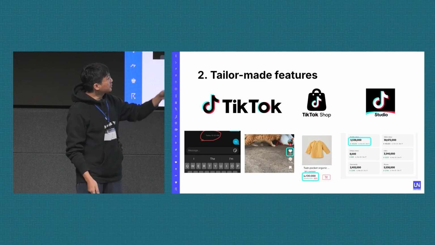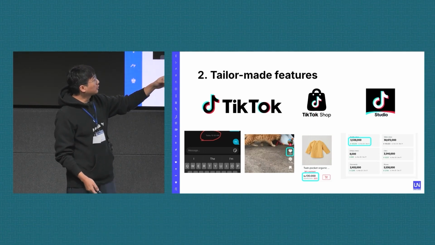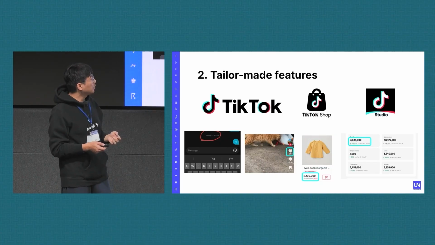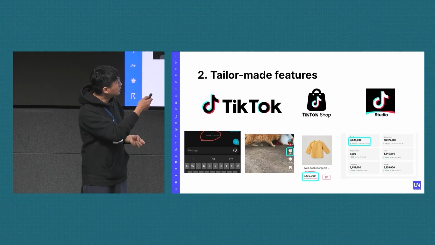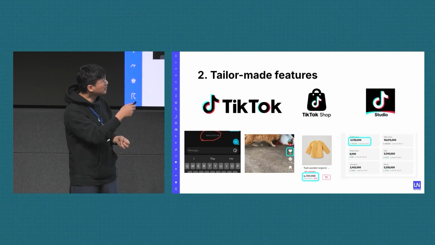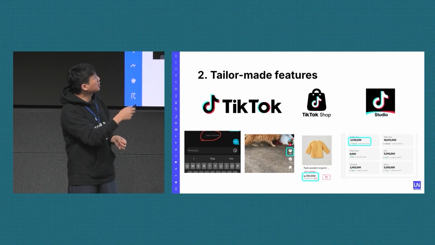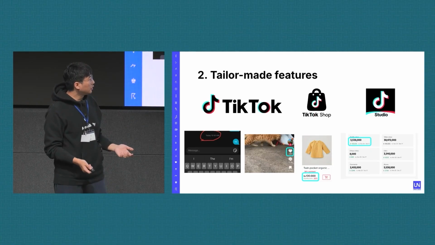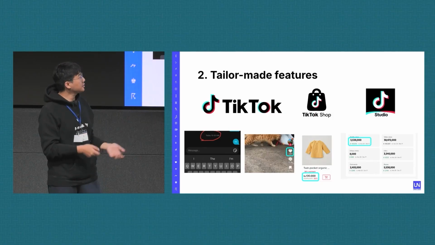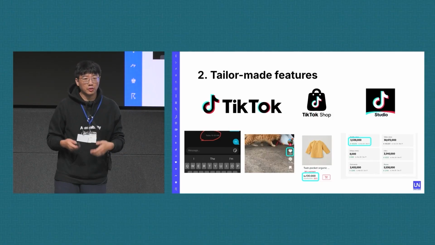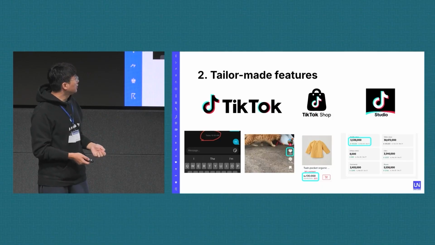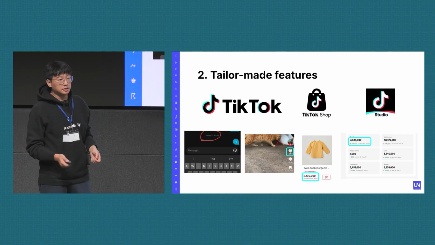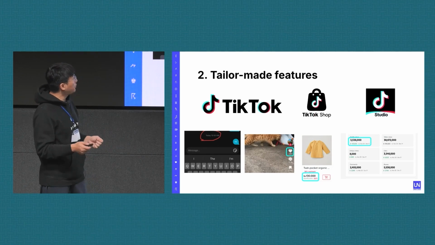And for the studio part, there are multiple numbers that need to be shown in different formats, like percentages, so for that part we also need some tailor-made features. Because of all those reasons, consistency and tailor-made features, we wanted to create a solution of our own from the start.